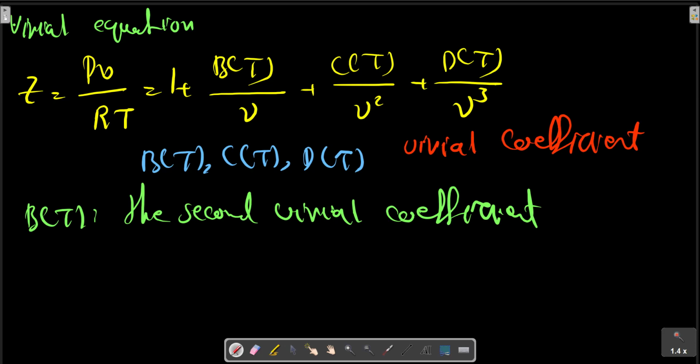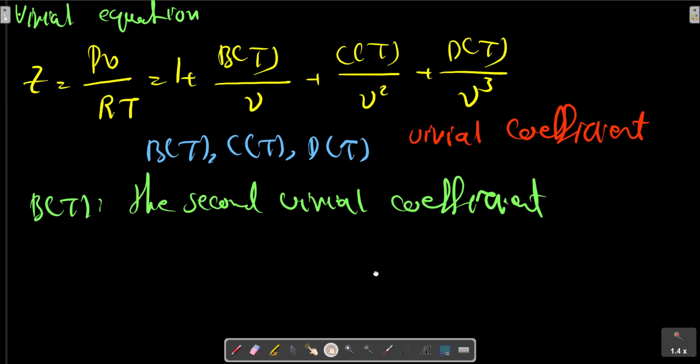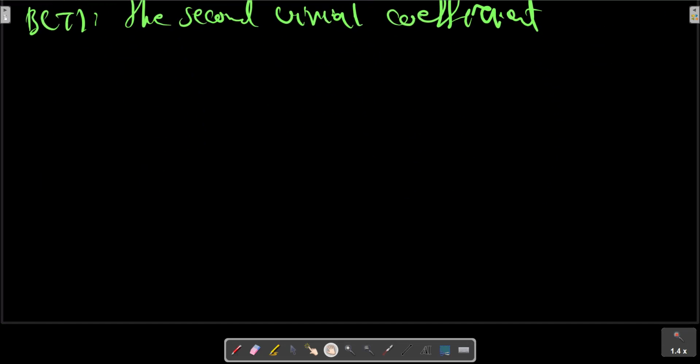The general temperature dependence of the second virial coefficient is as shown for nitrogen, and for B(T) in this picture.